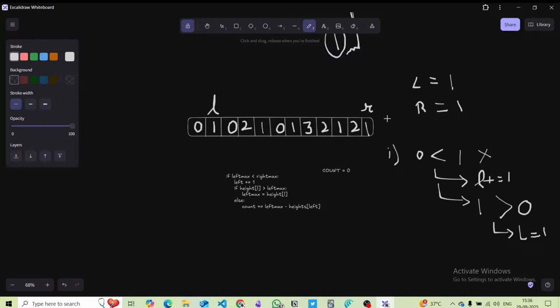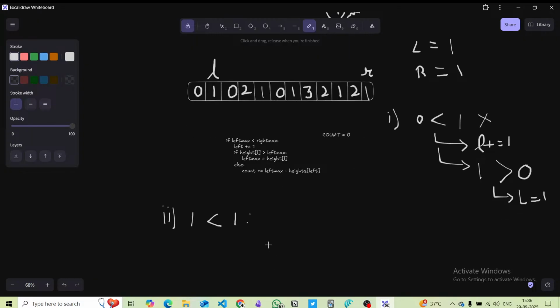Okay. So now, the second one, right? So the second one is left max 1 is less than right max. No. So what we need to do is we just increment the left plus or equal to 1, and then if height of this one, right?